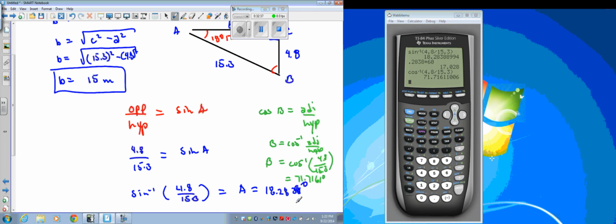And now what I got to do is I got to go 71 degrees, and then I have to take this 0.7161, and that's degrees, times 60 minutes over 1 degree. So I'm going to go to 7.1.